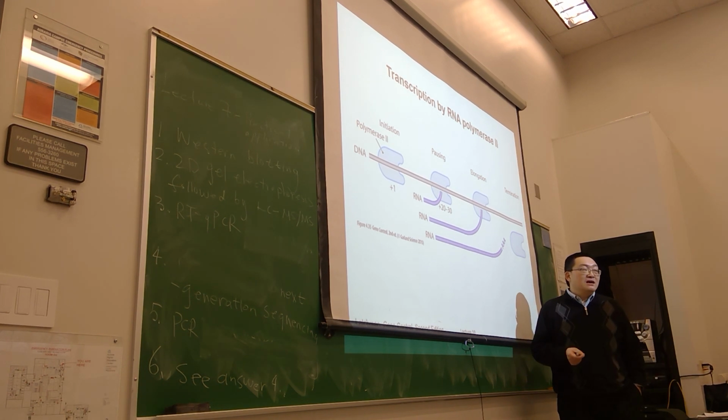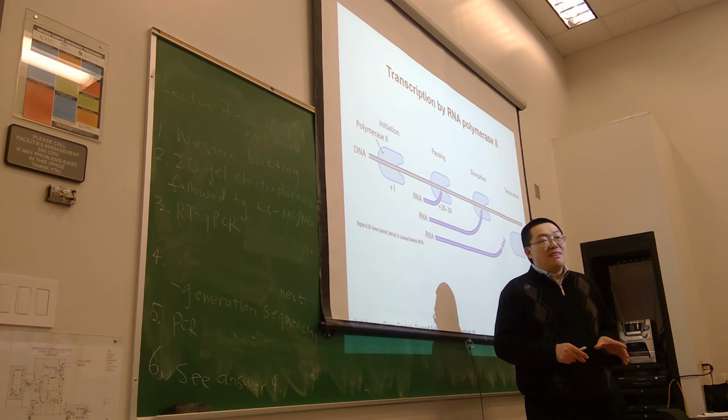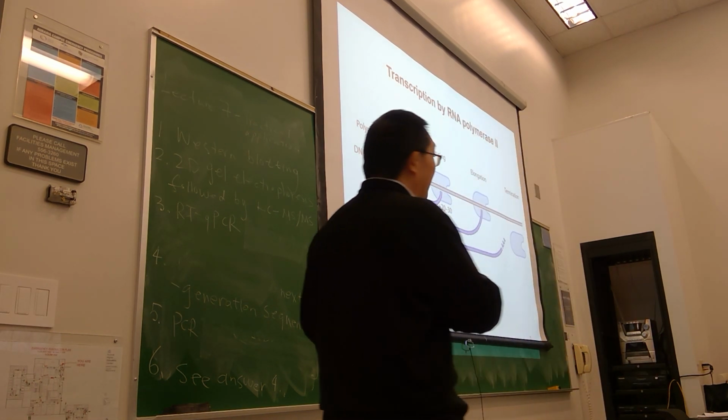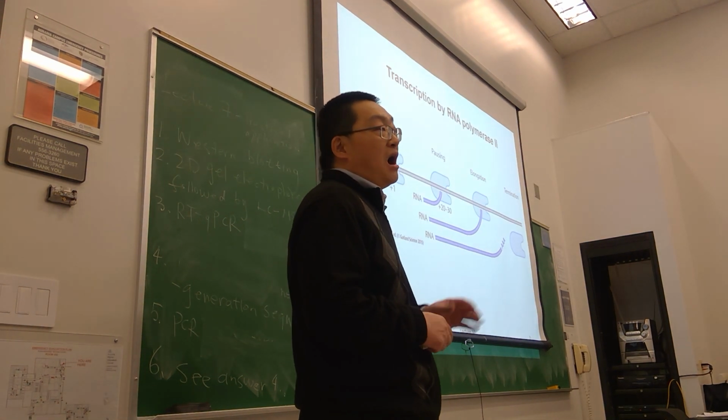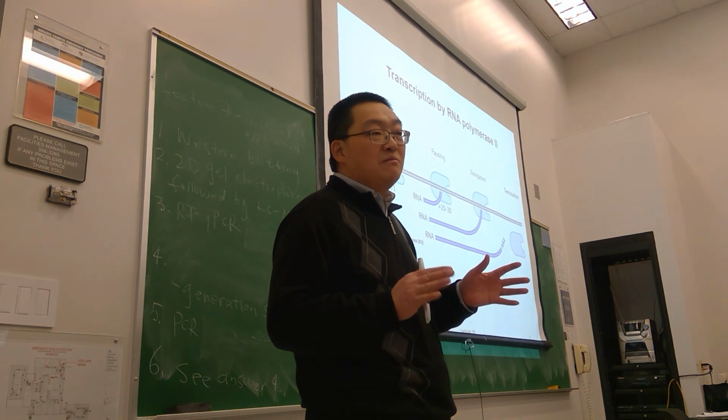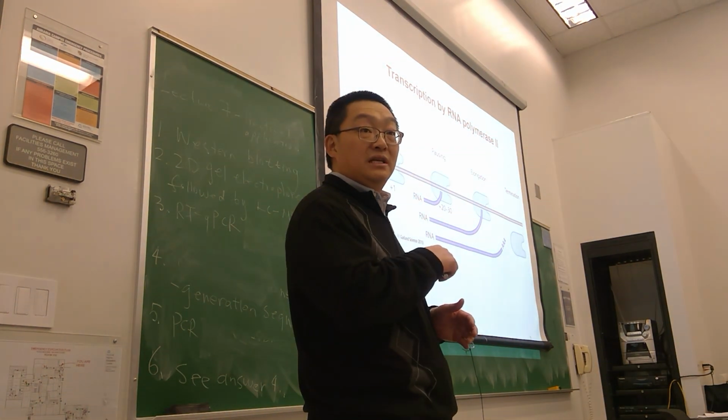So initiation has a specific DNA sequence that RNA polymerase will bind to. How does RNA polymerase bind? RNA polymerase by itself doesn't have strong affinity for DNA.